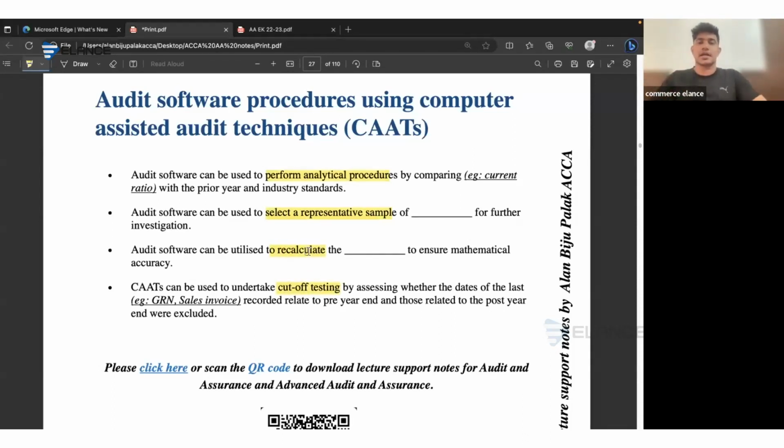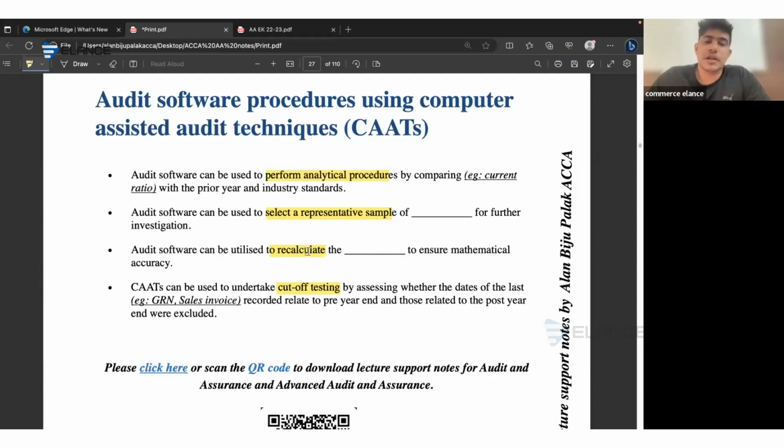So consider that you're getting a question on trade payables. What can you do with computer-assisted procedures for trade payables? You can mention that audit software can be used to perform analytical procedures by comparing trade payables with the prior year and industry data. Audit software can be used to select a representative sample of trade payables for further investigation.